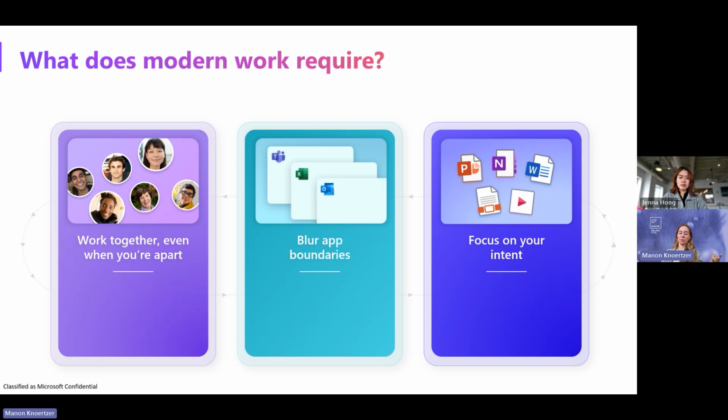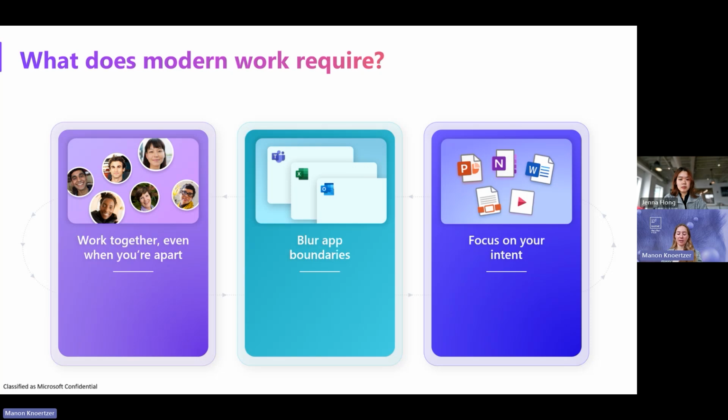And in doing that, we end up using those communication tools and those collaboration tools that I was mentioning and other tools. And so we end up having to juggle all these different applications. So the next thing that becomes really important here is blurring the boundaries between those applications. And why would we do that? Because we want to be able to focus on intent, and that's the last point there.